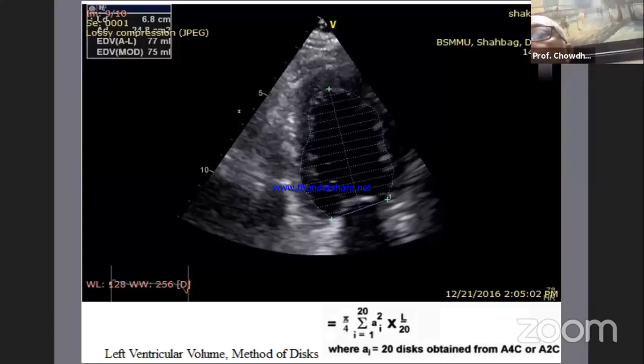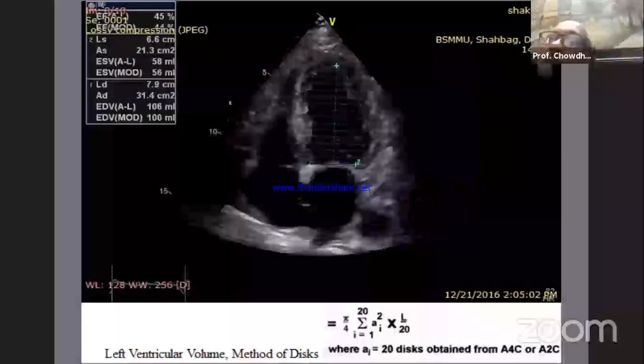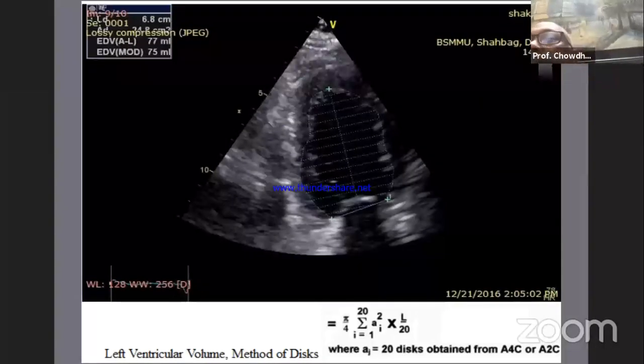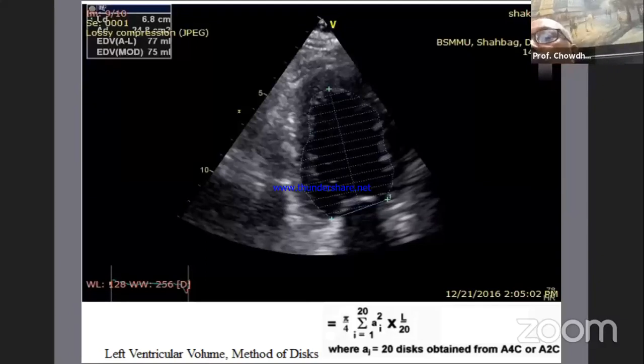Actually, each horizontal line, if we assume this as a three-dimensional model, because this is the two-chamber view, and we had the four-chamber view, together they make a three-dimensional assumption, just like a piece of bread. And we are going to estimate the volume of each piece of this bread and then add it to the whole volume of left ventricular systole and left ventricular diastole.